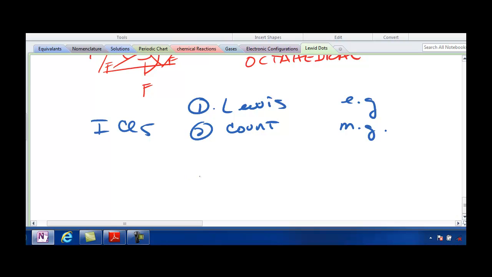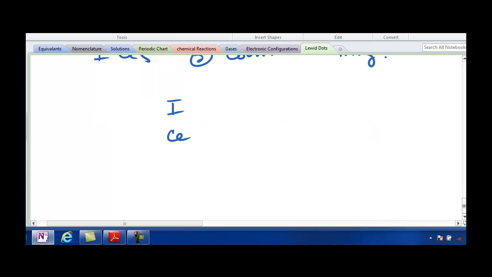I'm picking Cls and Fs and Is, so by now we should be so comfortable. Iodine, 1 Cl, another Cl, 1, 2, 3, 4, 5. Chlorine has 7, yes?